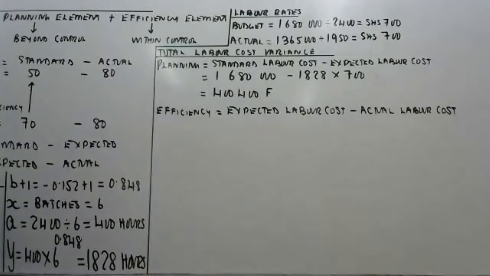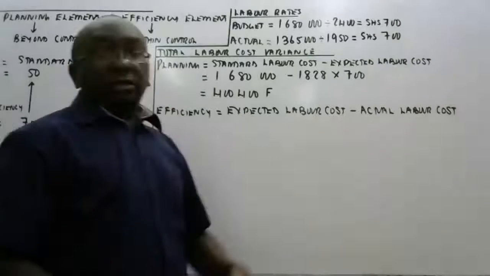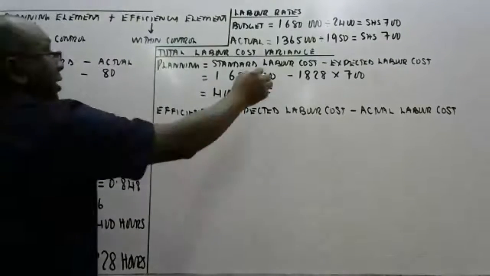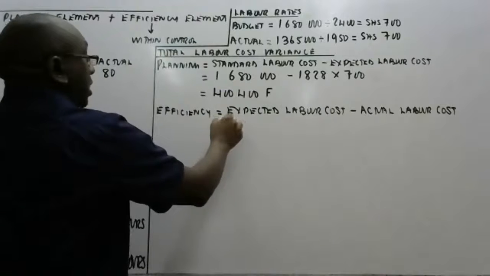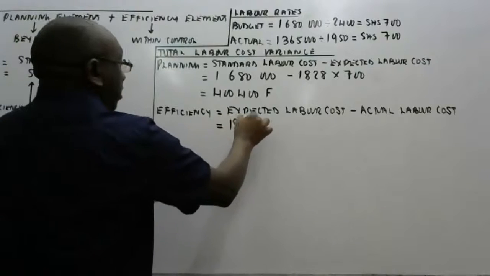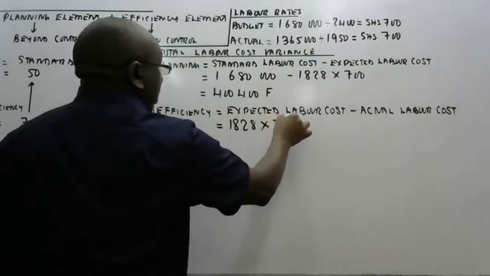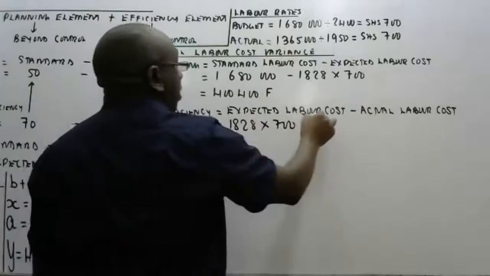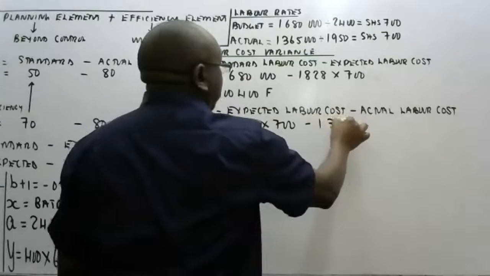You can see it here. The efficiency is the expected minus the actual. The expected we already know: it is 1828 times 700. The actual labor cost we already know: it is 1,365,000.